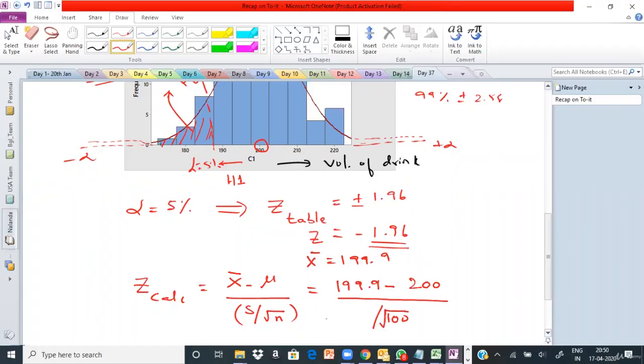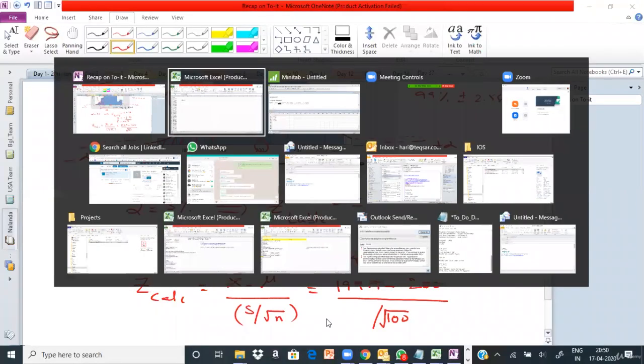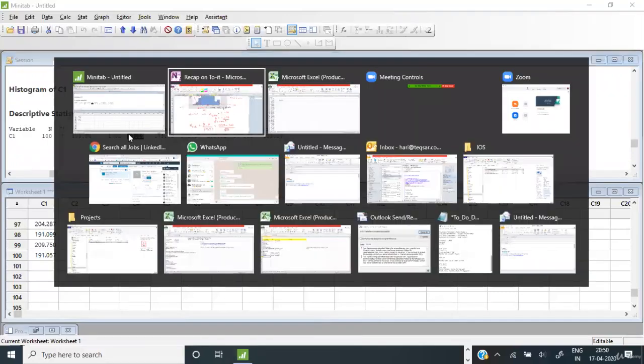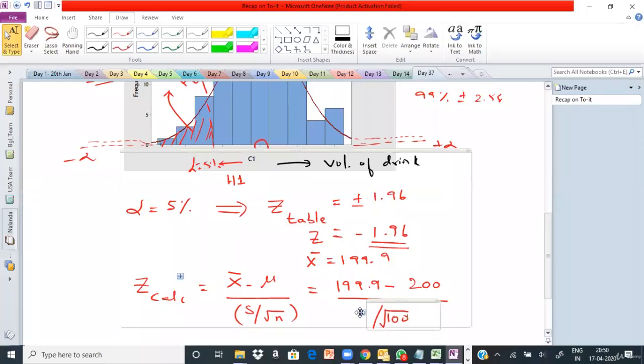What is the standard deviation here? Again, I can go and get it from either Excel or from my Minitab. You see standard deviation here 10.19. So I am saying this is 10.19. Can any one of you calculate this value and tell me what is the value?